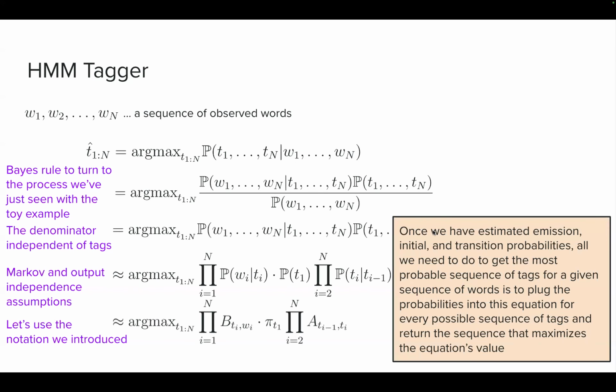So last time we introduced the hidden Markov model as a model for doing part-of-speech tagging. And just as a reminder, with a hidden Markov model tagger, our goal is to find the sequence of tags that's going to maximize the conditional probability of those tags with respect to the words we have seen.